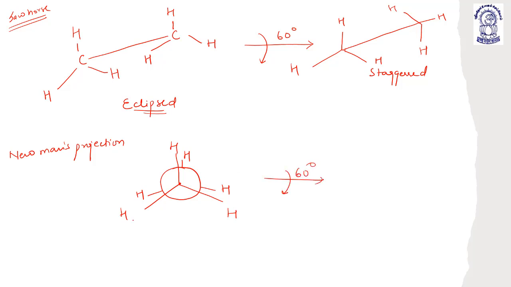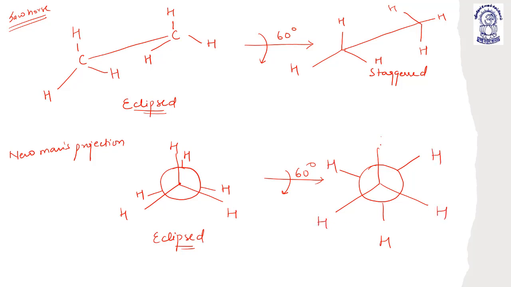A 60-degree rotation. This is eclipsed. Front carbons, now back carbon. Okay. So there are two forms, eclipsed and staggered, for Sawhorse as well as for Newman's.